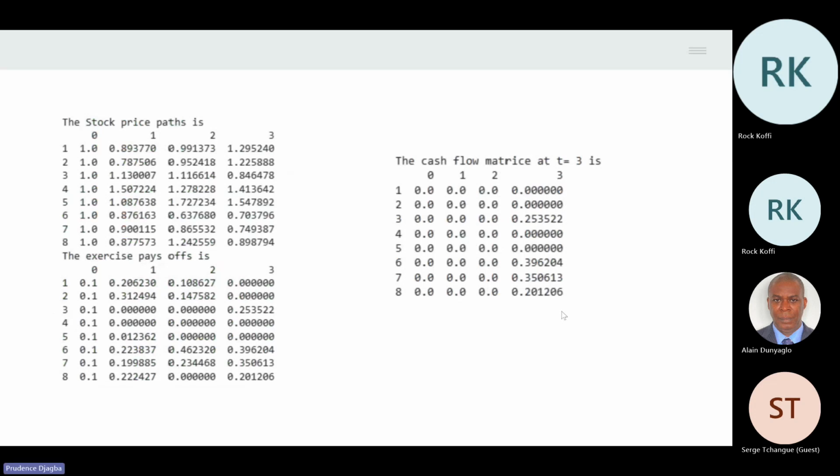Now, what you just said is not true. If it is a European put option, we exercise at t equal to 3. So we just take the average of this cash flow at time t equal to 3.